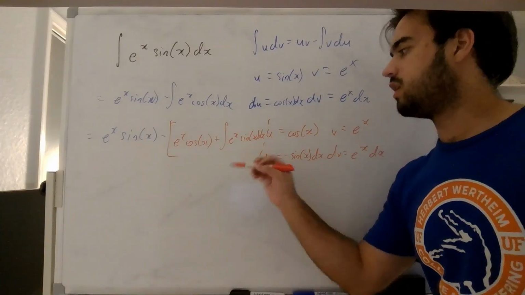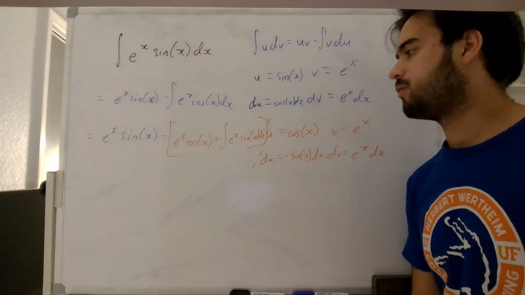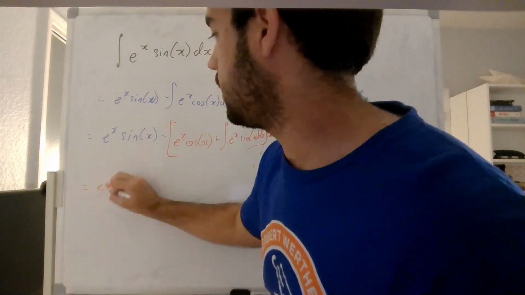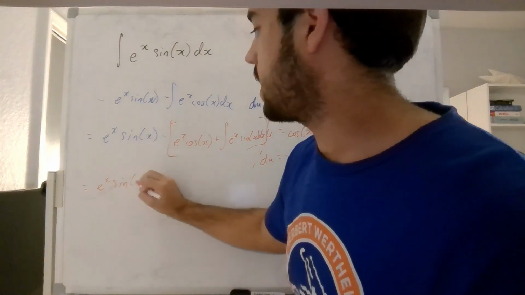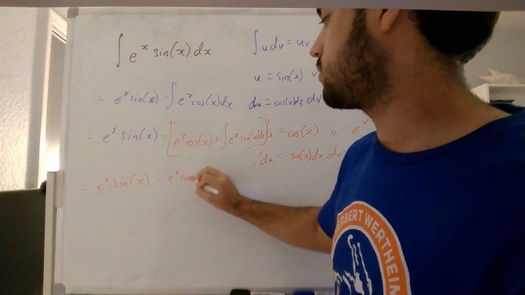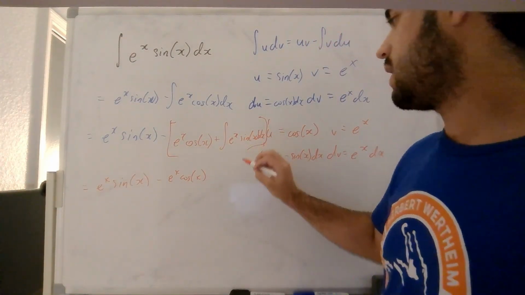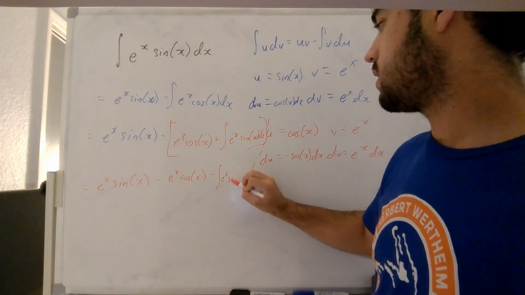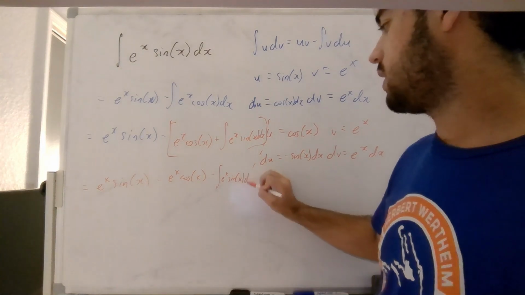Okay. Now I'm going to distribute the negative, so we're going to end up with e to the x sine of x minus e to the x cosine of x. So I can actually factor that. And then we're going to have minus the integral of e to the x sine of x dx.